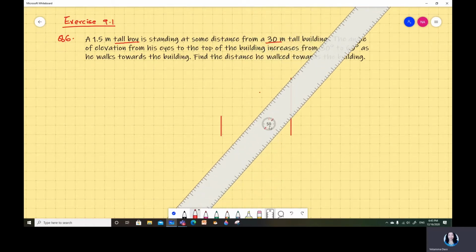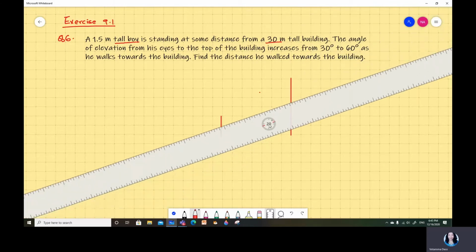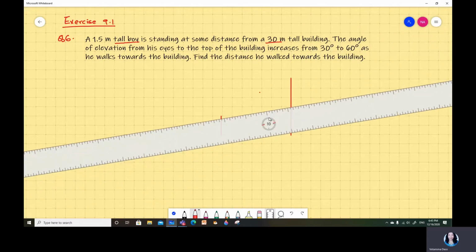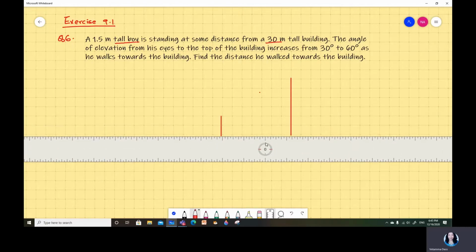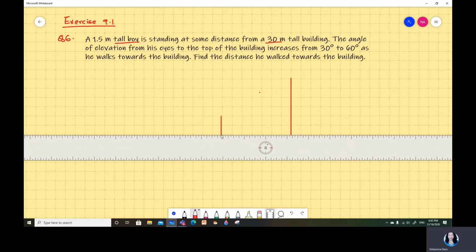I will draw the ground level also. In the exam also, I request you please draw neatly using a scale. Here we have drawn the distance between them. Okay, let's try to read more.